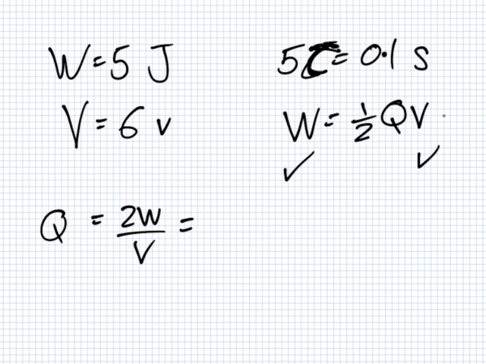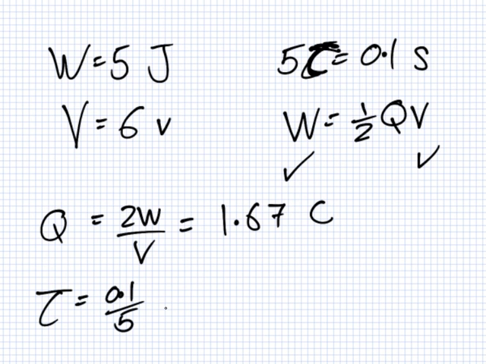And what's the V? 6. So we get Q equals 1.67 coulombs. We also know that the time constant is 0.1 over 5, which will be 0.02 seconds.